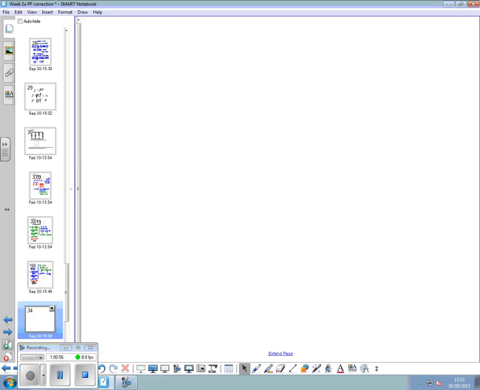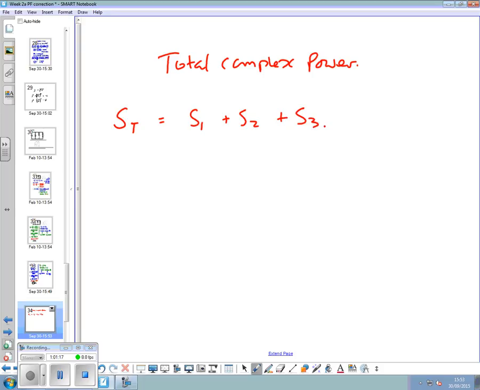So the question asked for the total complex power. ST is equal to S1 plus S2 plus S3. What we can do is write all of them as rectangular numbers.